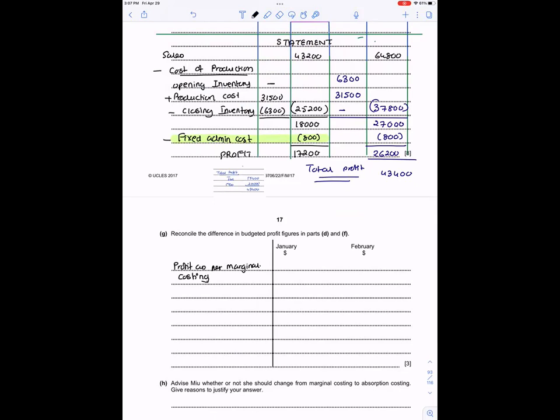It is how much for January? 15,400, and how much for February? 28,000.